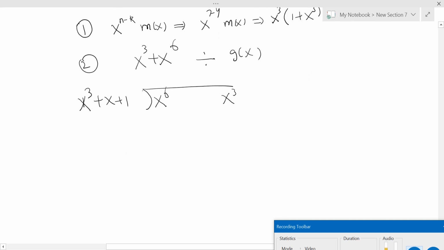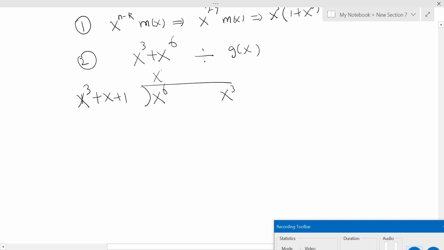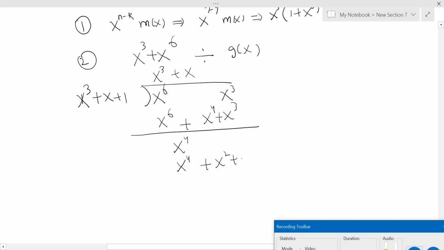So what will come here is first x cube, this will become x to the power 6 plus x to the power 4 plus x cube. You will get x to the power 4, then plus x. You will get x to the power 4 plus x square plus x. You get x square, sorry.